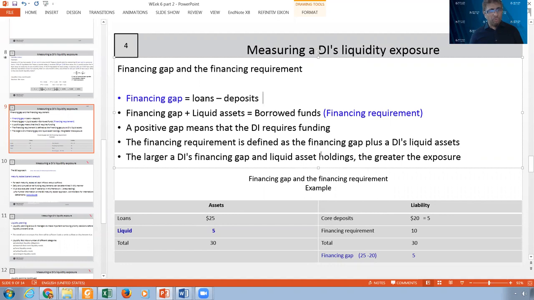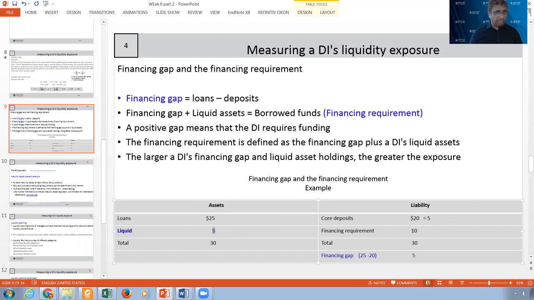Now, when I want the financing requirements, I will have some type of liquid assets. So I need to add my liquid assets to the financing gap. My financing requirements, which is a new term, are what I need to borrow, and will cover the financing gap, which is the difference between the two, plus the liquid assets I wish to hold, because I need to have liquid assets.